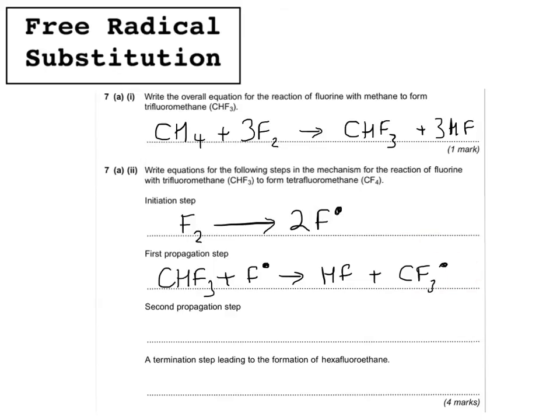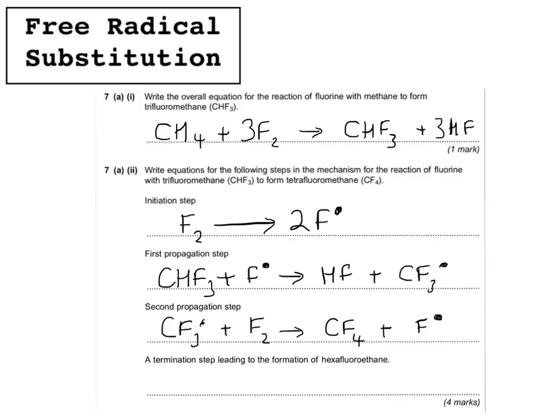This will then react again, CF3 dot, with an F2, and what you'll make then is your CF4, your final product, and a fluorine free radical will be regenerated, which can then go back into the first propagation step.